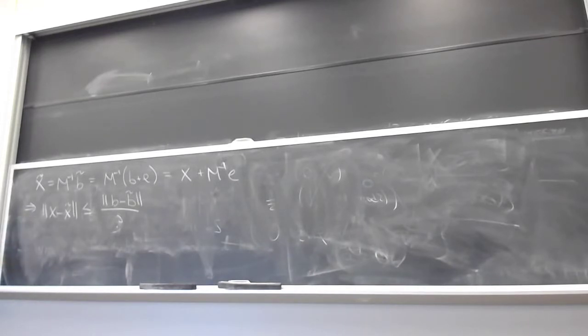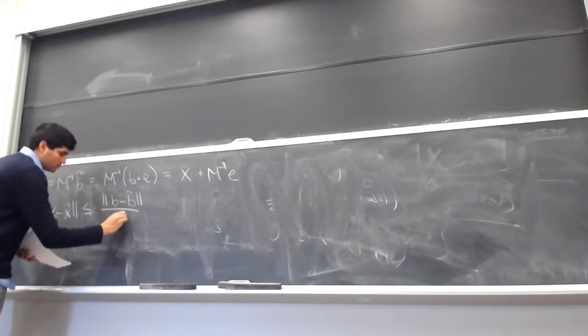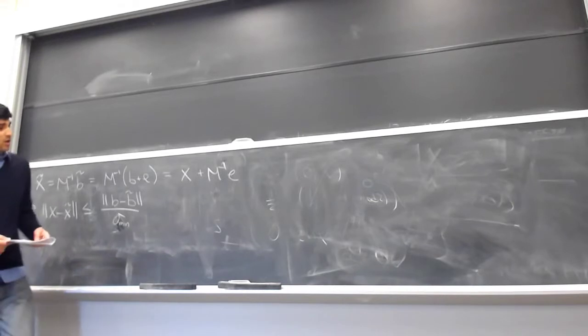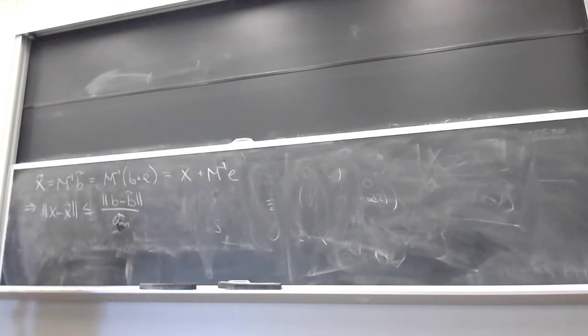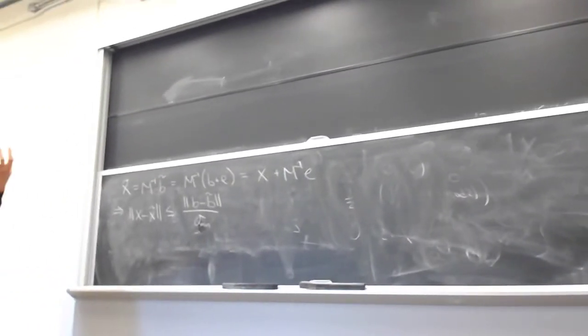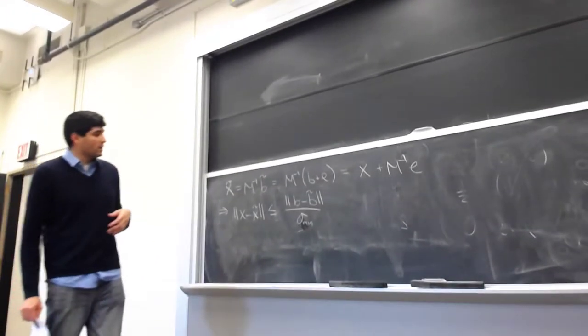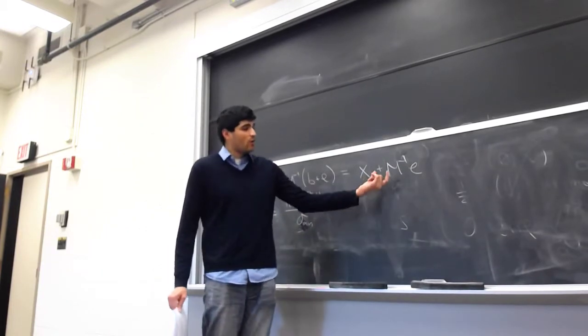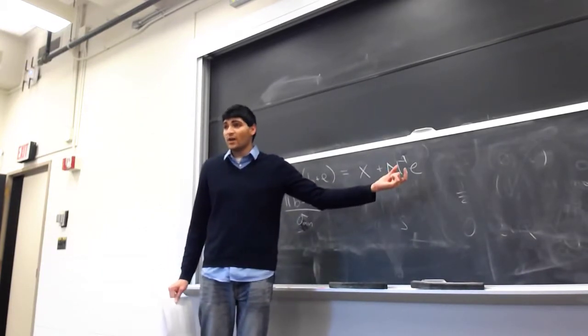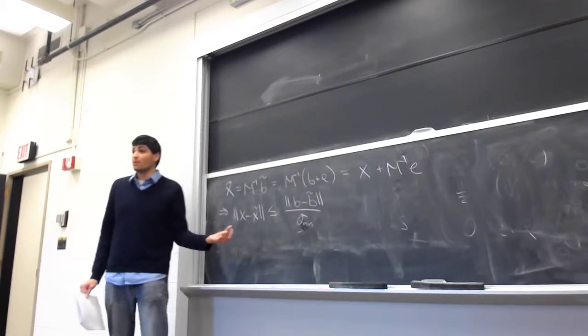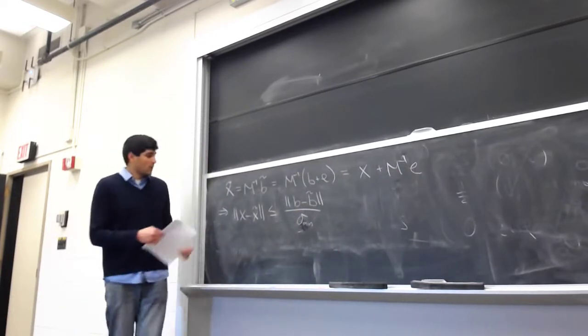How large can this be? The minimum singular value of M, exactly. Because for M inverse, we're taking the same SVD, but the singular values become their own reciprocals. So sigma max was the max value by which you can blow up the norm of a vector. That's when we talked about the operator norm at the very beginning of class. In the same way, when you talk about how large M inverse can blow up the norm of a vector, the worst it can do is 1 over sigma min.